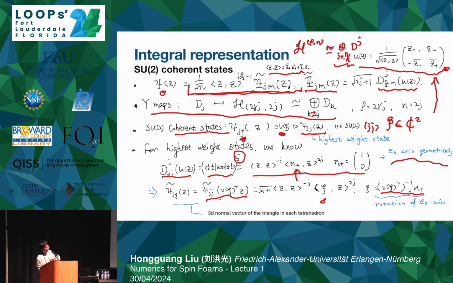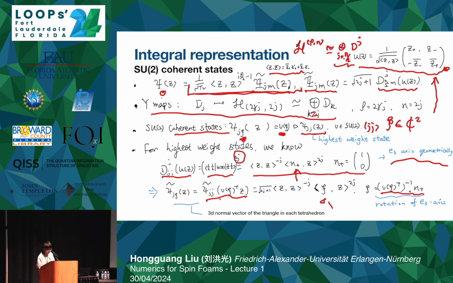It corresponds to using SU2 group elements to rotate the normal along the z-axis, or the E3 axis, into other directions. This is the geometric meaning. So basically, this spinor tells you it's a normal.